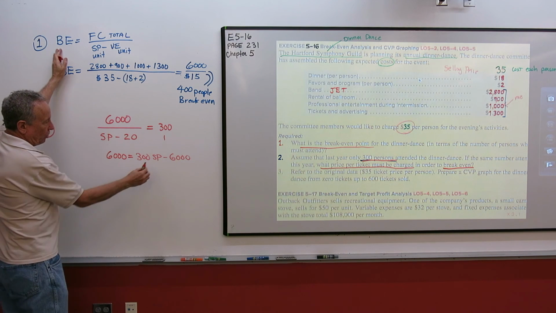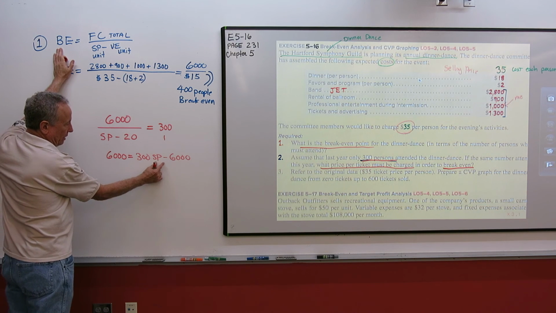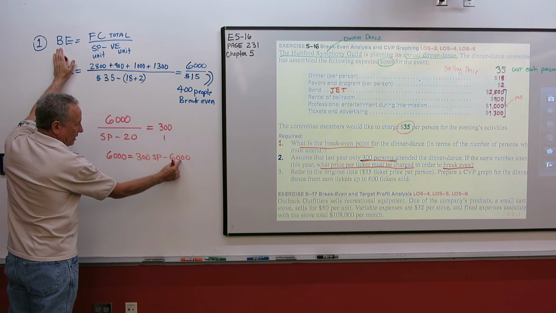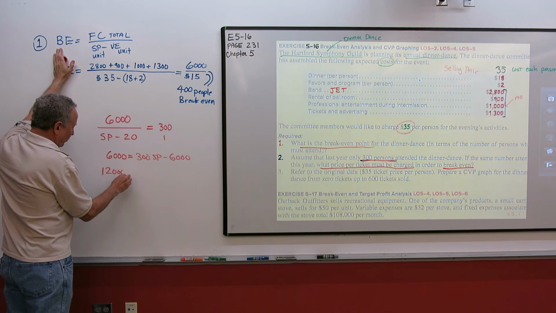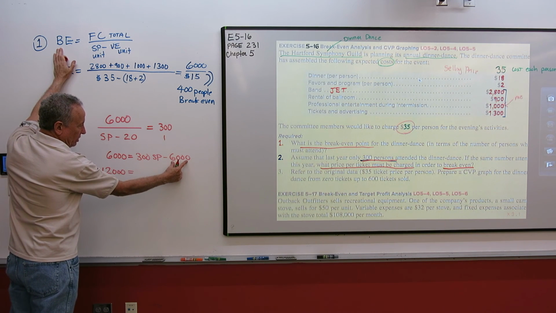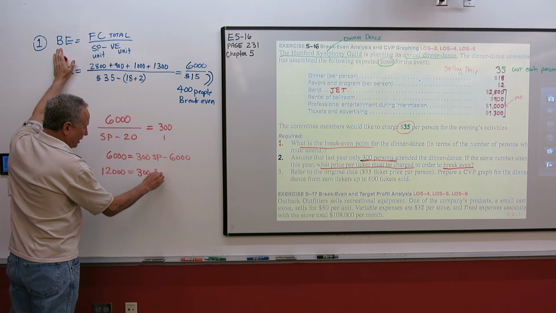We're solving for selling price, so let's isolate SP. Let's add a positive 6,000 to each side. So we'll get 12,000 over here, and adding 6,000 to this side gets rid of it, and we'll have 300 SP.